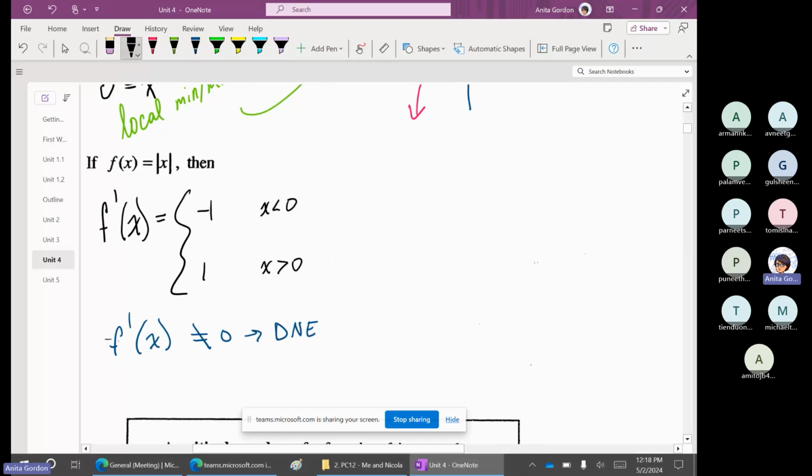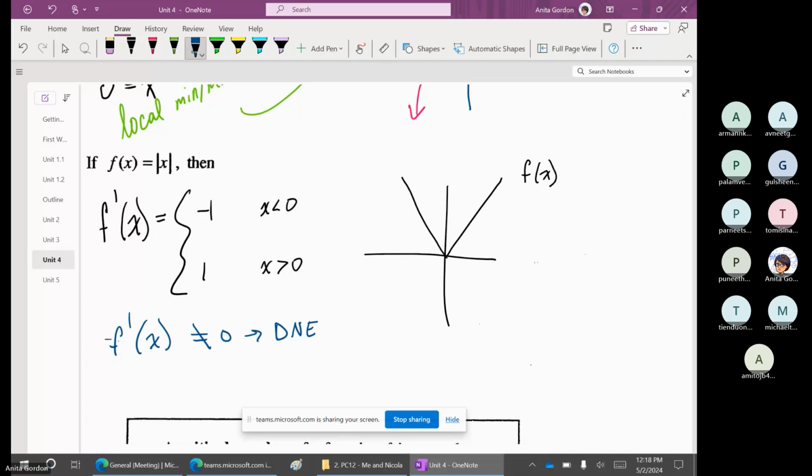And if we look at the function, this is f of x. This is f prime of x.